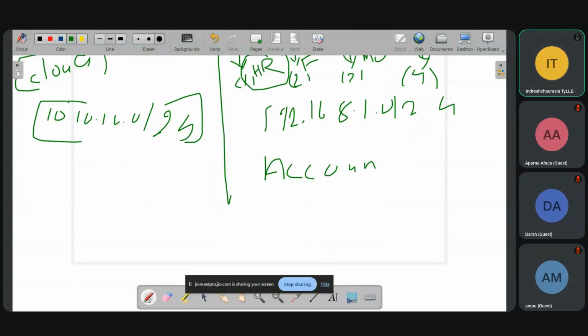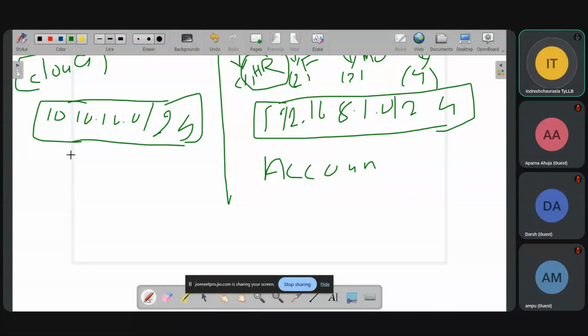On premises, what do you call a segment, a group of IP addresses? You can refer to it by any name, but when it comes to the cloud, you refer to it as a VNet or VPC, Virtual Private Cloud. So what is a VNet? It is nothing but a virtual network, a virtual private cloud.